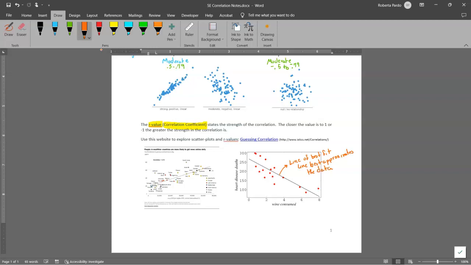And we would say, as the amount of wine consumed increases, okay, so we're getting more wine consumed, the number of heart disease deaths decreases with a moderate association.